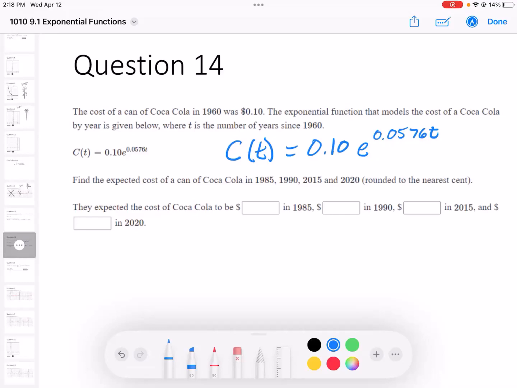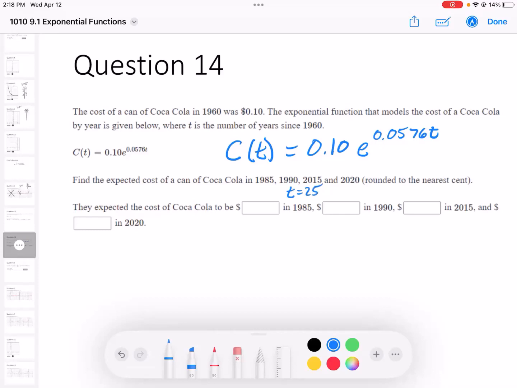So notice what t is representing here. t is not the year number, it's the number of years after 1960. So when they ask you to find the expected cost of Coca-Cola in 1985, well, 1985 is 25 years after 1960, and so in this case, t would equal 25.